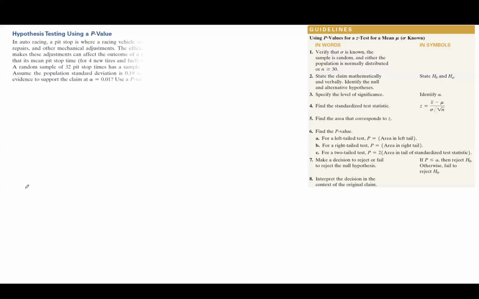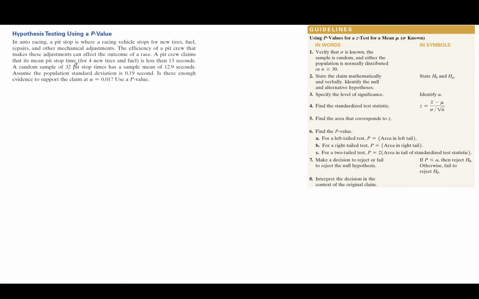In this question, in auto racing, a pit stop is where the racing vehicle stops for new tires, fuel, repairs, and other mechanical adjustments. The efficiency of a pit crew that makes these adjustments can affect the outcome of a race. A pit crew claims that its mean pit stop time for 4 new tires and fuel is less than 13 seconds.